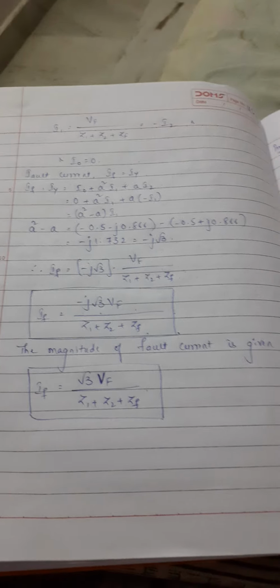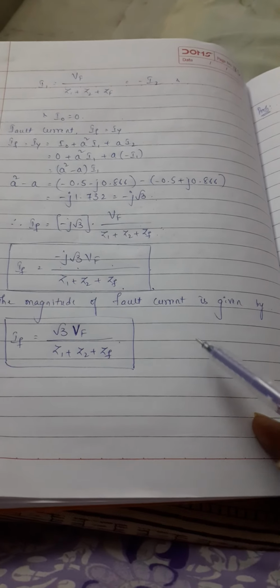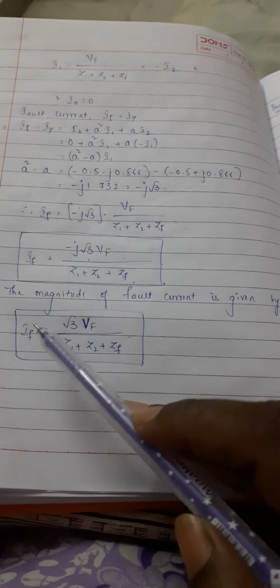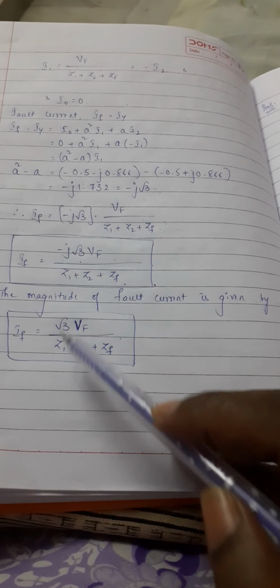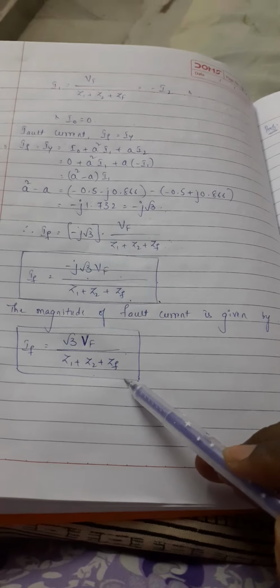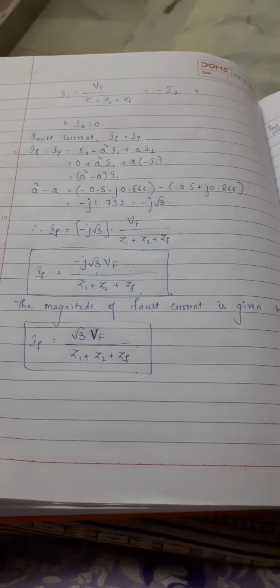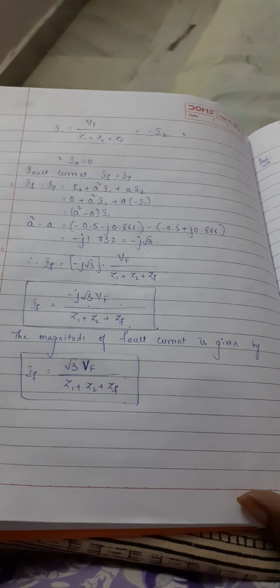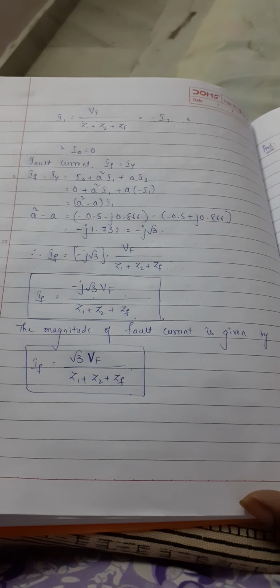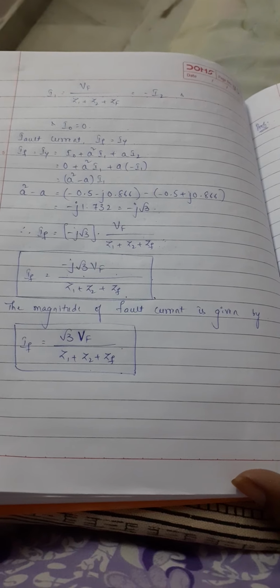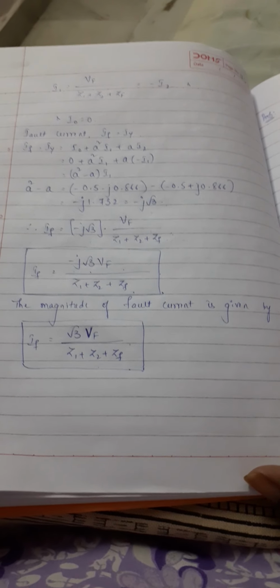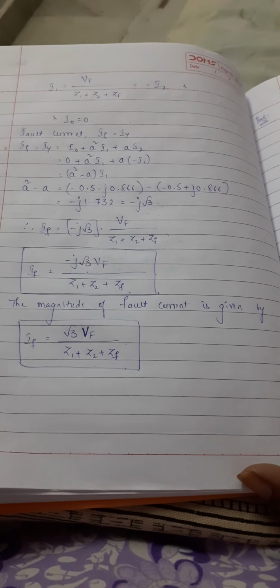And if you want to get the magnitude of the fault current in LL fault, so we will be getting root 3 times Vf by Z1 plus Z2 plus Zf. So this is how we obtain the fault current in double line fault or LL fault. So this is the second type of fault, which is a short circuit fault observed in unsymmetrical fault analysis.